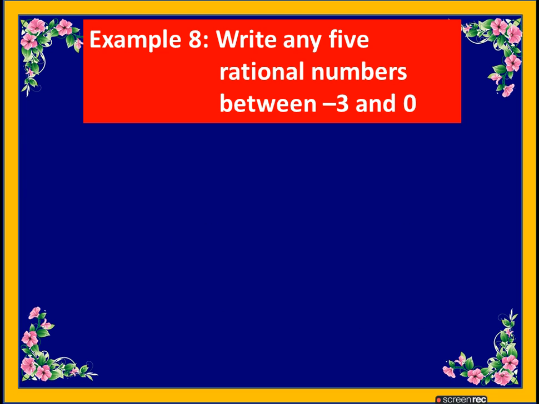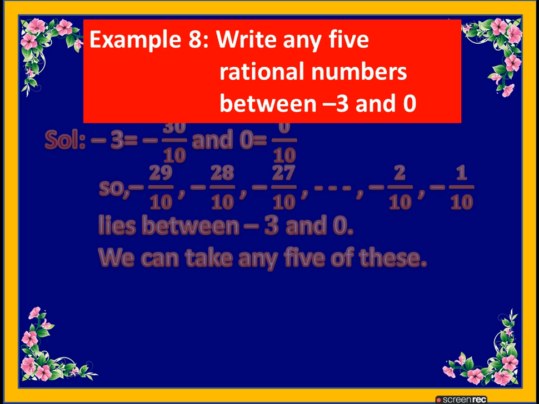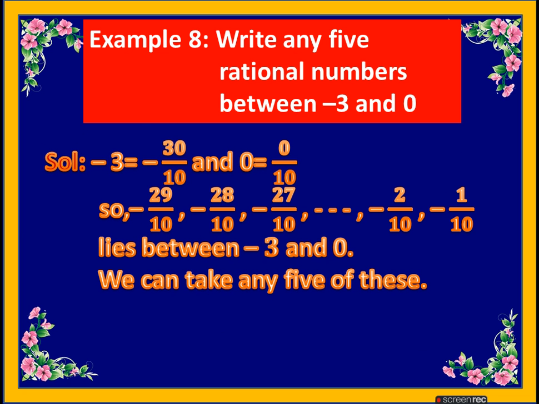Let us see. In example 8, write any 5 rational numbers between -3 and 0. This is the question given in our example 8. -3 is also a rational number, 0 is also a rational number.